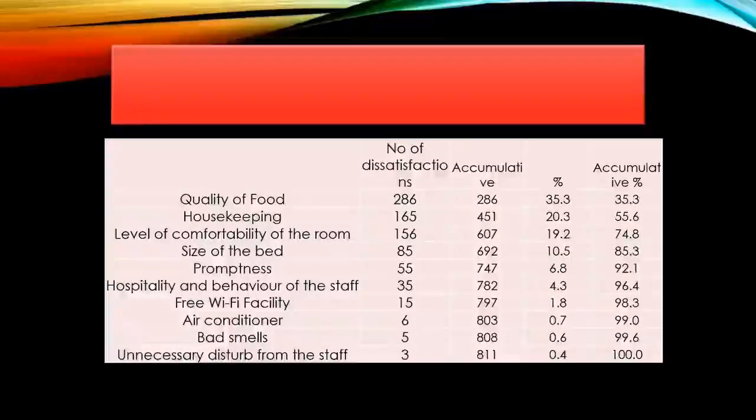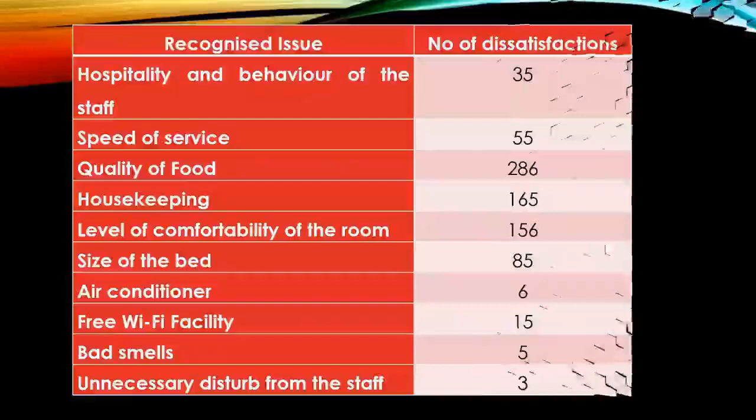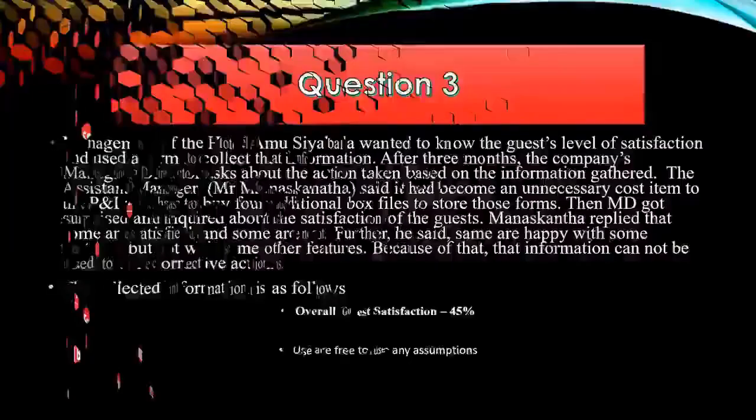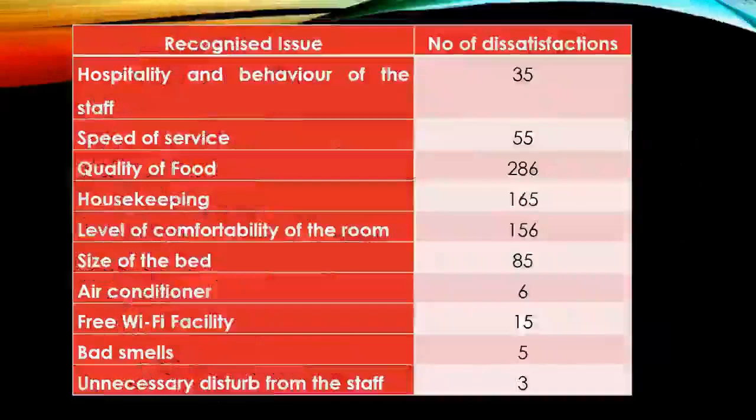Housekeeping is the second one here, but according to my table, speed of the service is the second one.